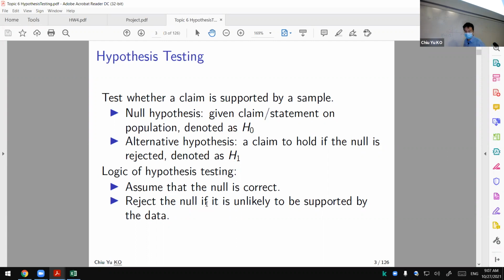So if you have more data, the extreme area is closer in. That's what you learned from estimation anyway.